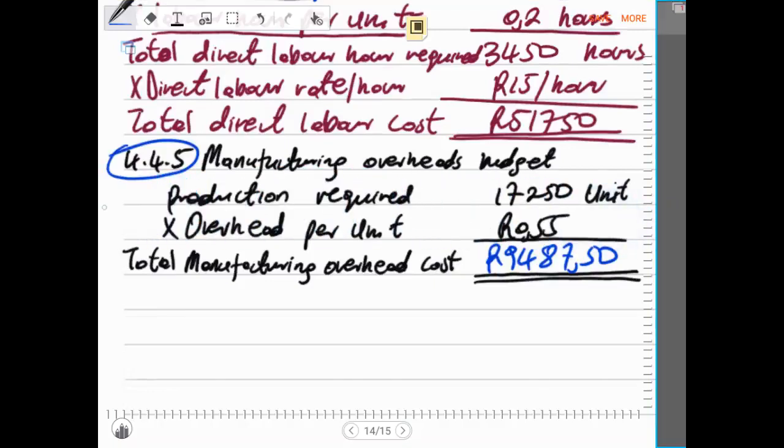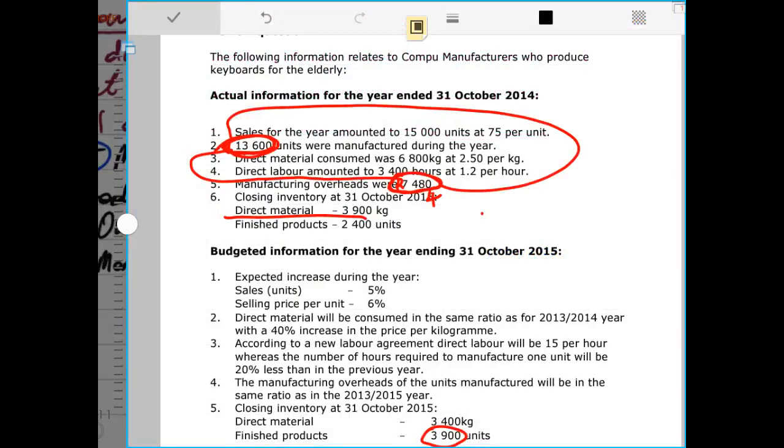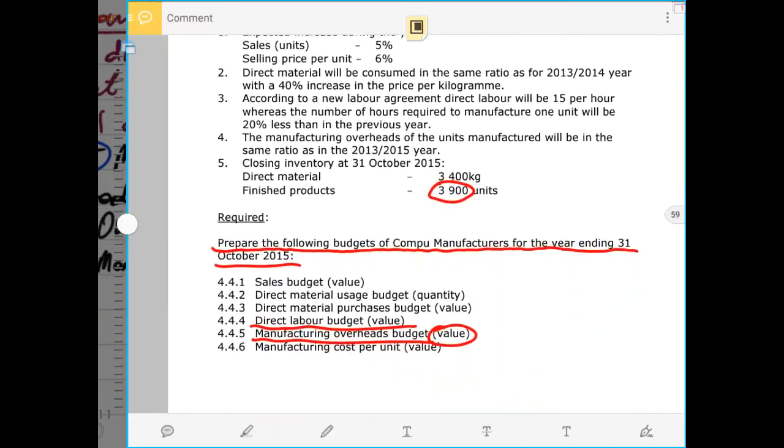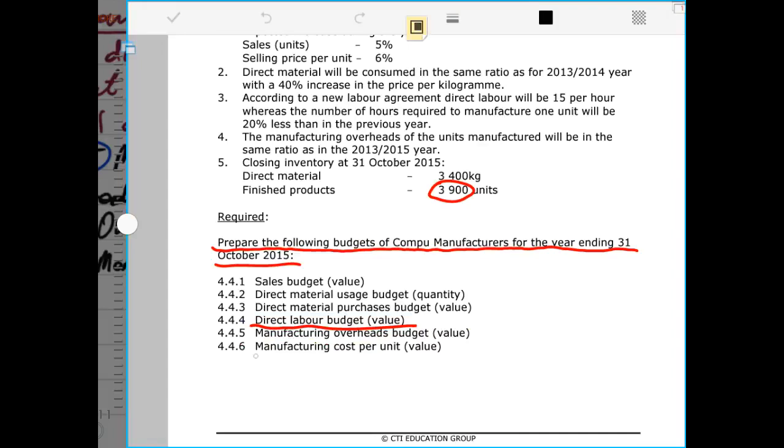So now let us go to the next requirement, which is almost the last, and it is really the last requirement, 4.4.6. We are required to calculate manufacturing cost per unit. Remember, manufacturing cost must have direct material, it must have direct labor, and it must have manufacturing overheads. These are the main three elements of a production cost.